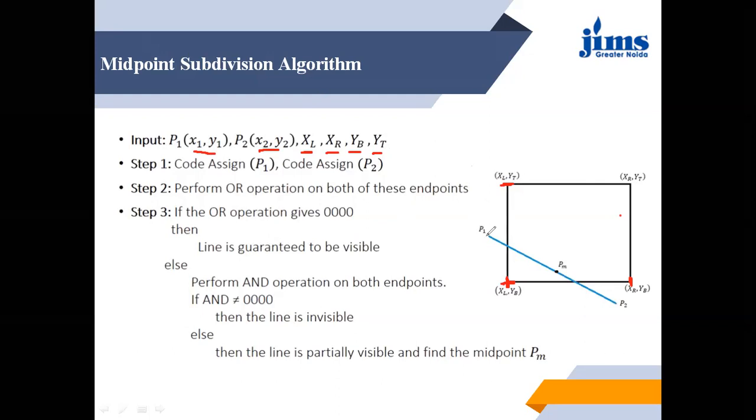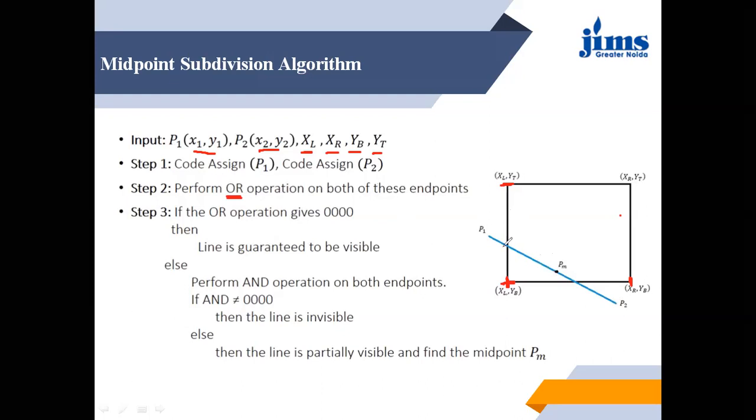Then we can assign a 4-bit code to this endpoint P1. Same, we can assign a 4-bit region code to P2 also. Then we have to perform an OR operation on both of the endpoints.